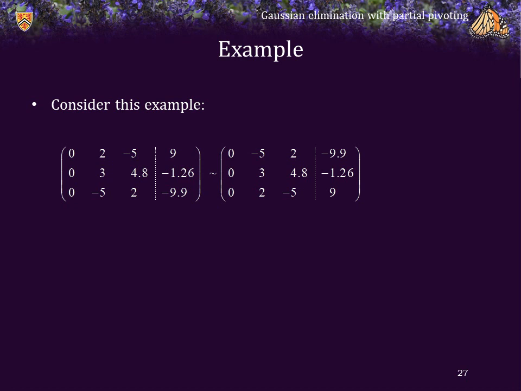We now add appropriate multiples of row 1 onto rows 2 and 3 in order to eliminate all leading non-zero entries below that value. So we will add 0.6 times row 1 onto row 2 and 0.4 times row 1 onto row 3.